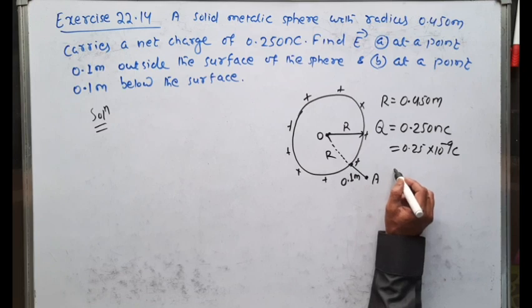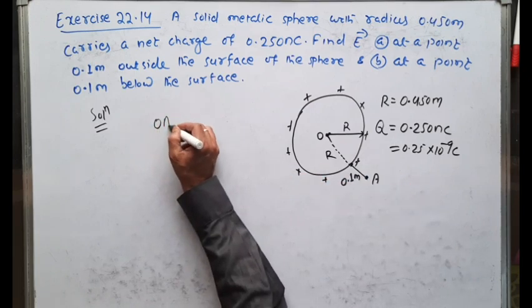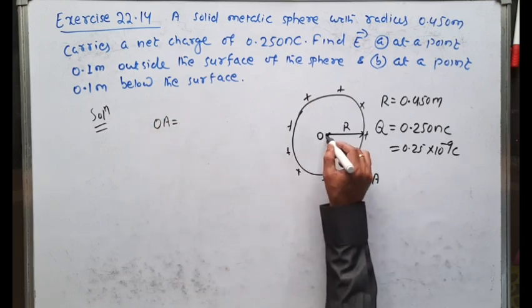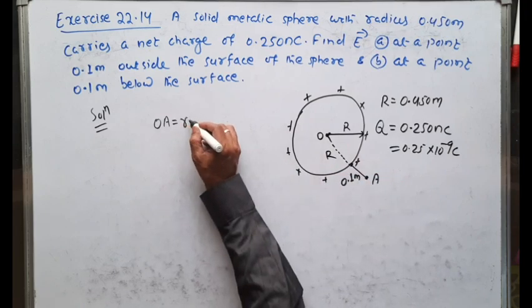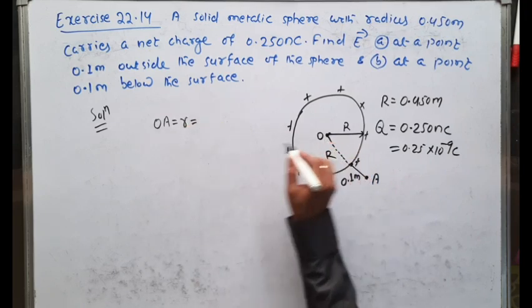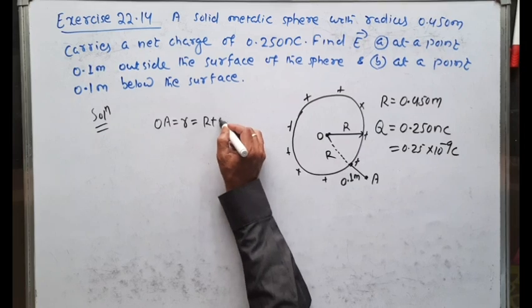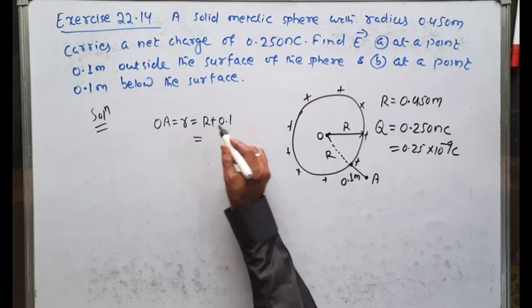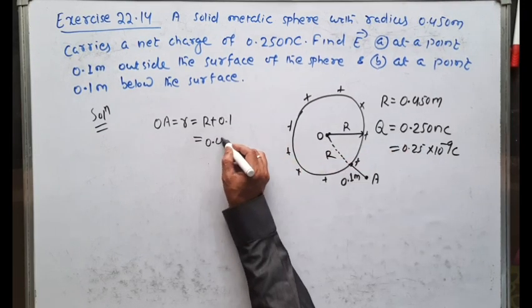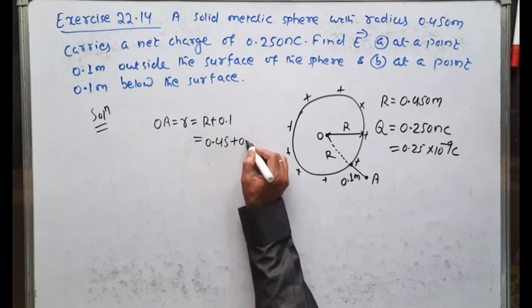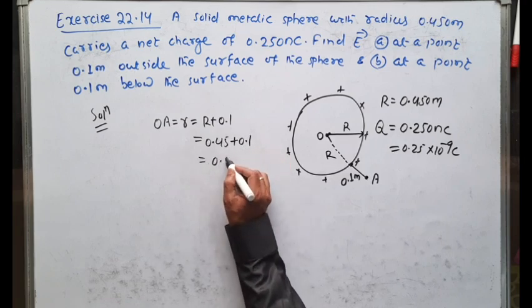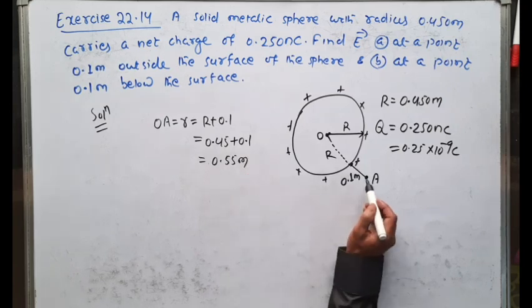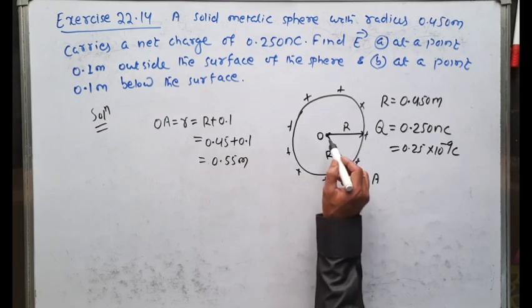The distance OA, which is generally taken as small r, the distance of this point from the center, is equal to r plus 0.1. What is r? Radius is given, 0.450 plus 0.1, that is 0.55 meter. So this outside point A is lying 0.55 meter from the center.